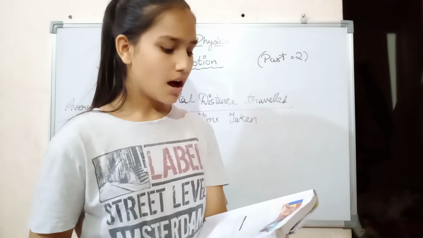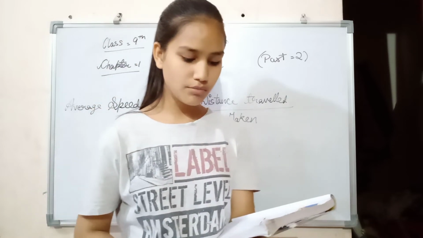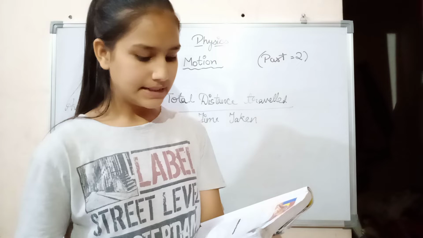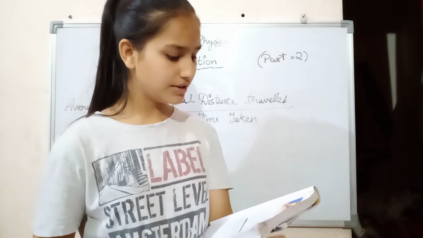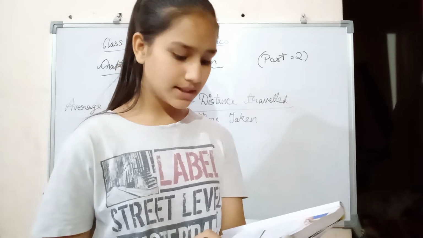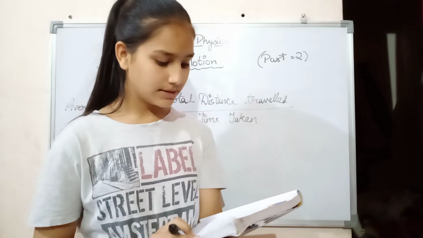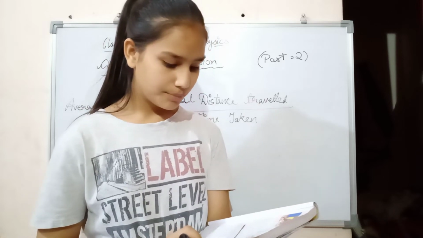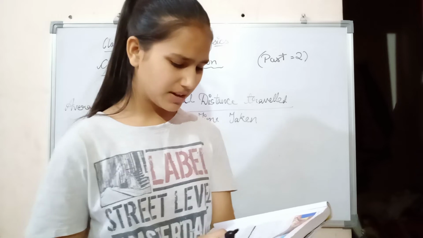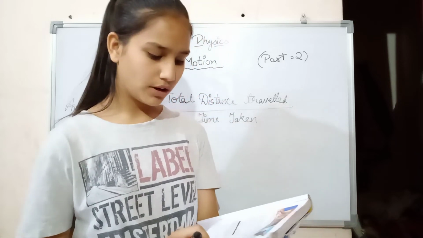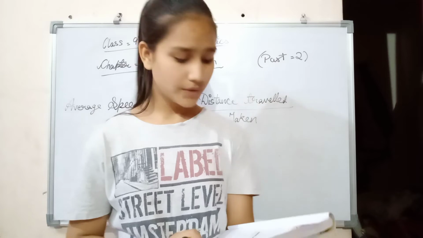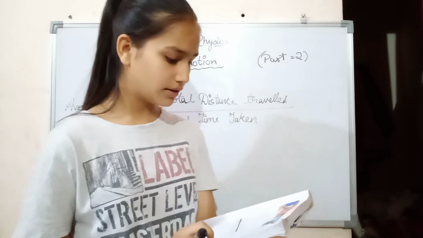For example, a car is said to have a uniform speed of say 60 kilometers per hour if it travels 30 kilometers every half hour, 15 kilometers every quarter of an hour, 1 kilometer every minute and 1 upon 60 kilometers every second. As we have already discussed, in actual practice, the speed of a body rarely remains uniform or constant for a long time.